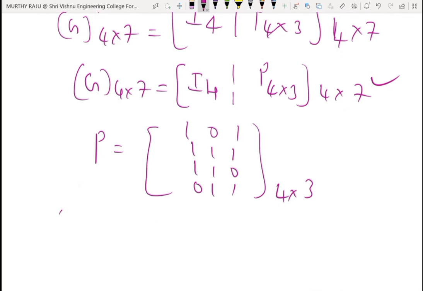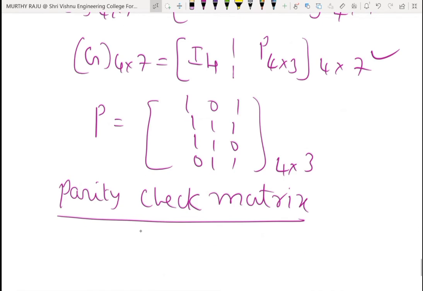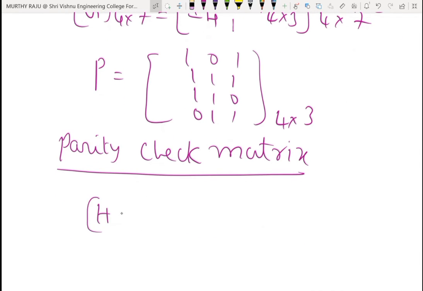Next step, the parity check matrix. Generally, the parity check matrix is defined as H, Q cross N, equal to P transpose, I_Q, Q cross N. What are the dimensions of this one?